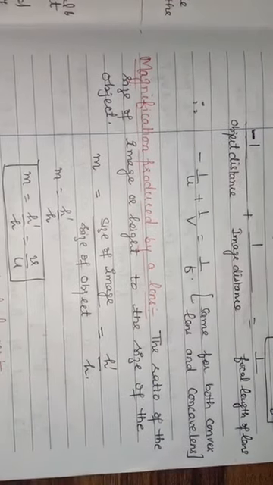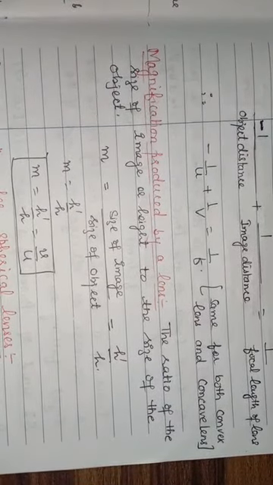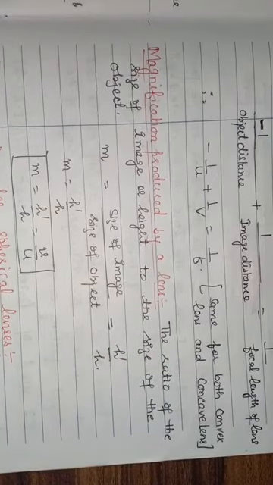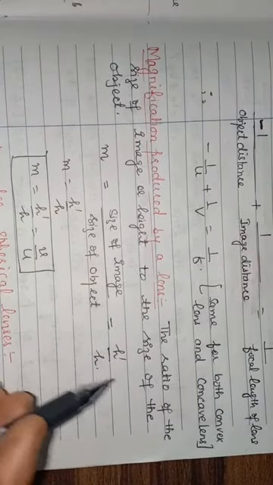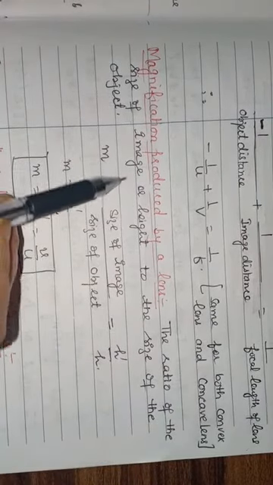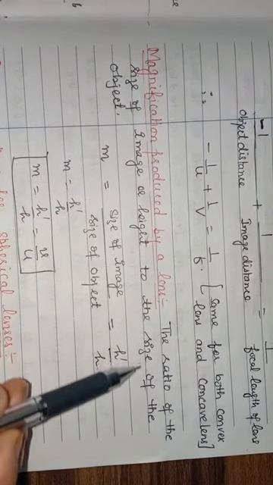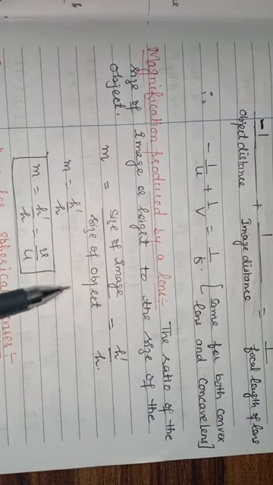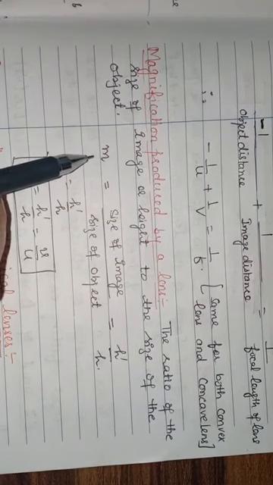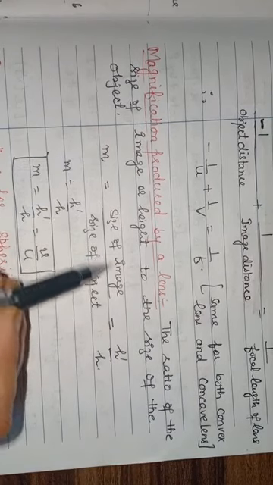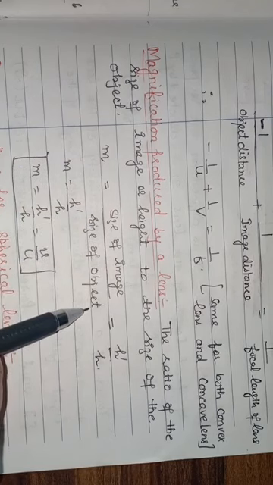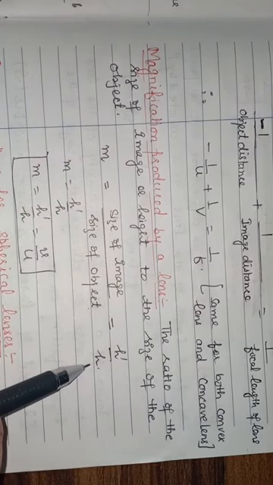Now, magnification produced by the lens. As we know, magnification is the ratio of the size of image, or we can call it the height of image, to the size of object, or height of object. So magnification is equal to size of image upon size of object, h dash upon h.